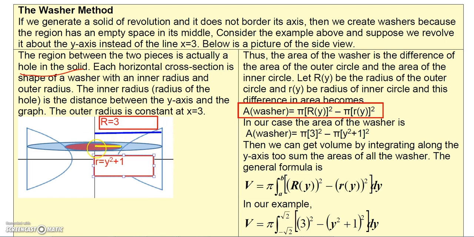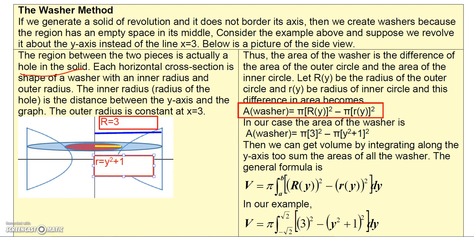But the inner radius follows the curve. That radius would simply be the yellow line here. This is the x value, but remember this function is x equals y squared plus 1. So that inner radius would be r equals y squared plus 1.